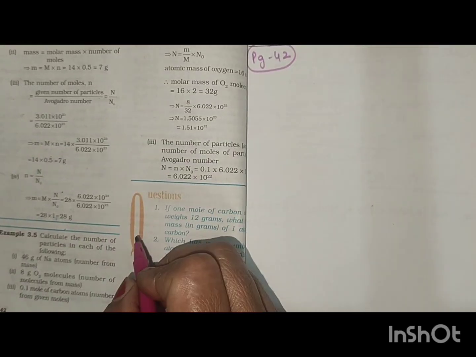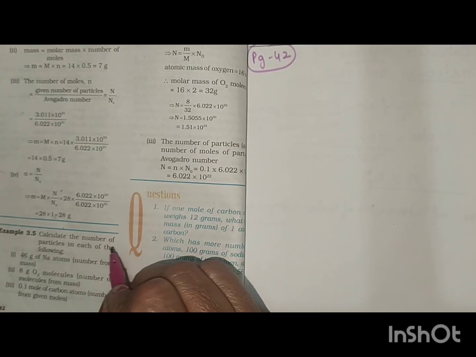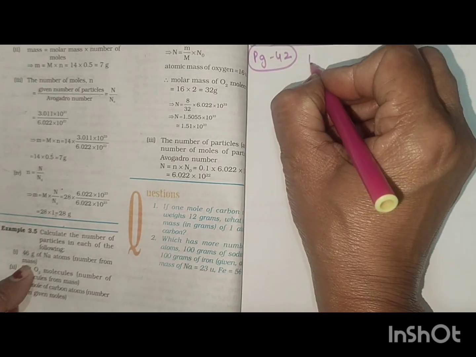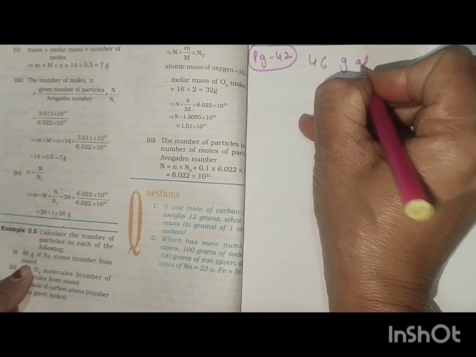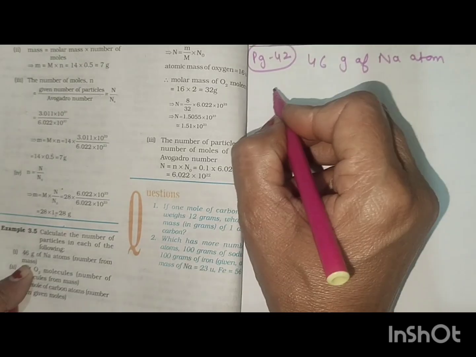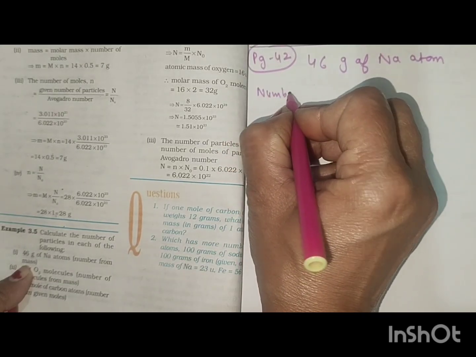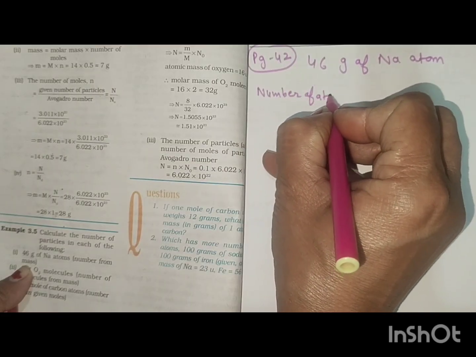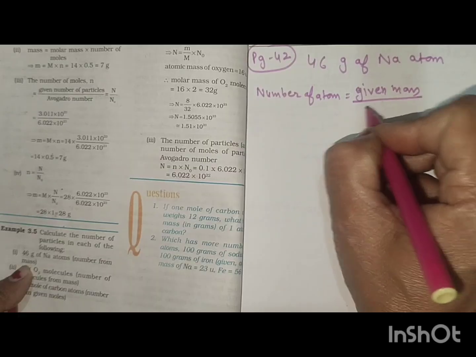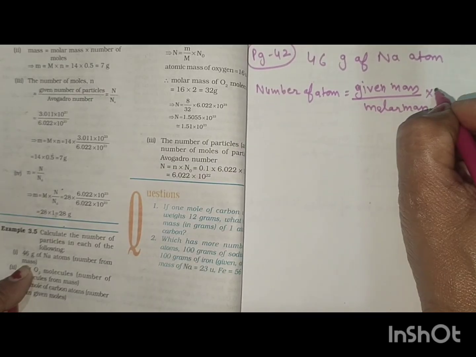We will solve the numerical from the NCERT book, page number 42. Calculate the number of particles in each of the following. 46 gram of sodium atom. If we want to calculate the number of atoms, then the formula is number of atoms equal to mass by molar mass into Avogadro number.